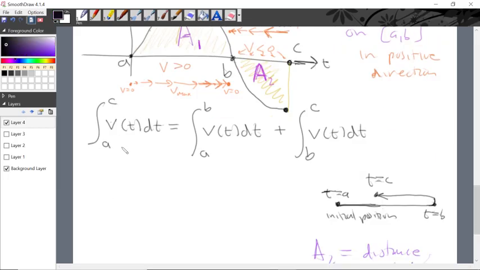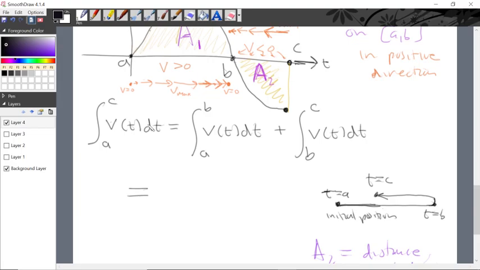Okay, so our interpretation then for the entire integral from a to c, it is the sum of the integral from a to b and b to c. Notice this integral from b to c is a negative value. The absolute value of this integral would be interpreted as the area of this region geometrically, which is interpreted as the actual distance it traveled when moving to the left.